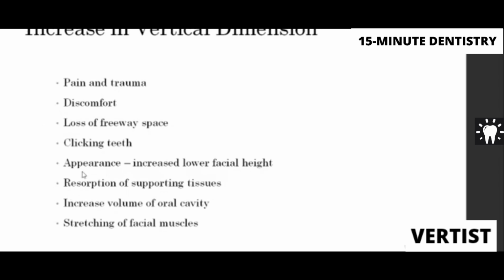So this is very important, and there may be some problem with the TMJ. There will be discomfort. The patient will not be able to speak. The patient will not be able to swallow. So these are the problems which the patient will face if you give too much vertical dimension of occlusion and there is no freeway space.